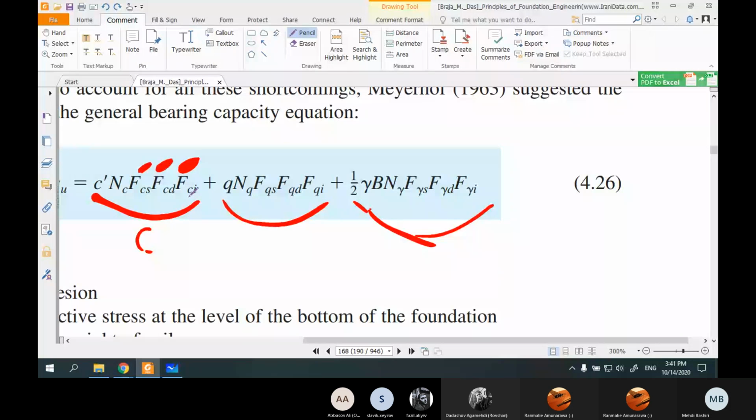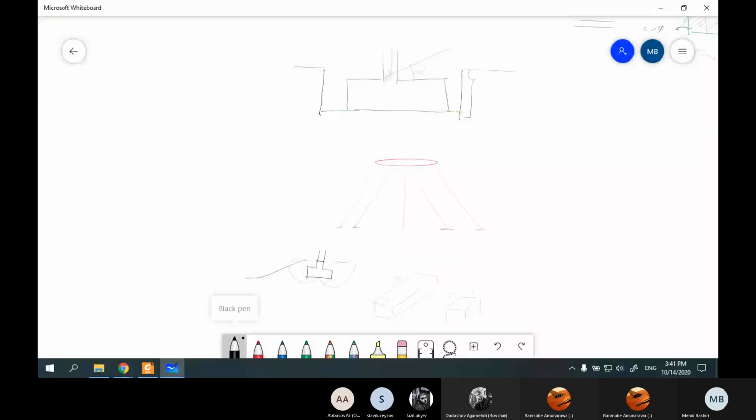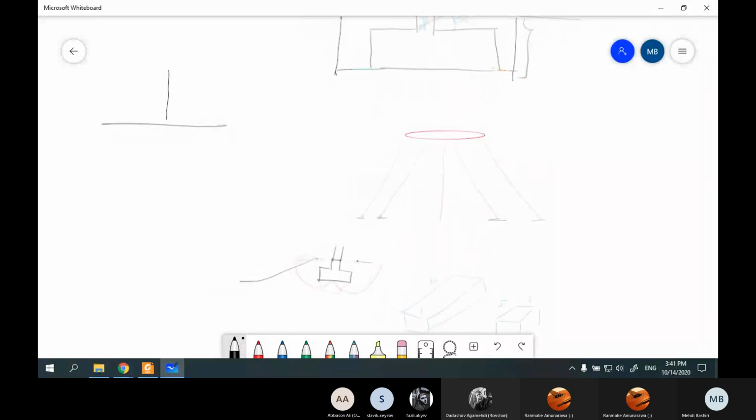The effect of inclination. What was inclination? This is the inclination. So we can say that this load is perpendicular, but this load is not perpendicular, or this load is an inclined load.